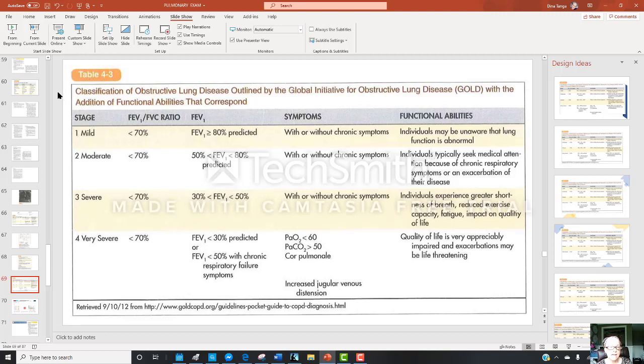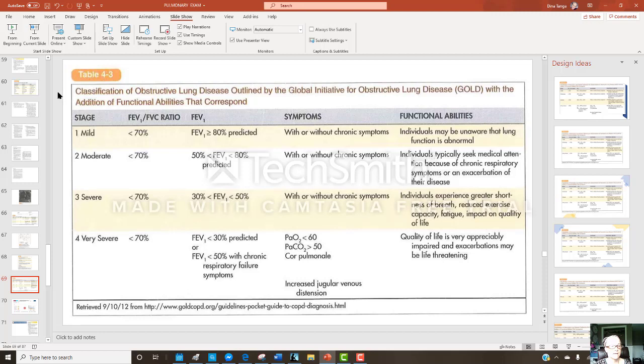FEV1 is greater than 80% predicted, with or without chronic symptoms. Individuals may be unaware that lung function is abnormal.